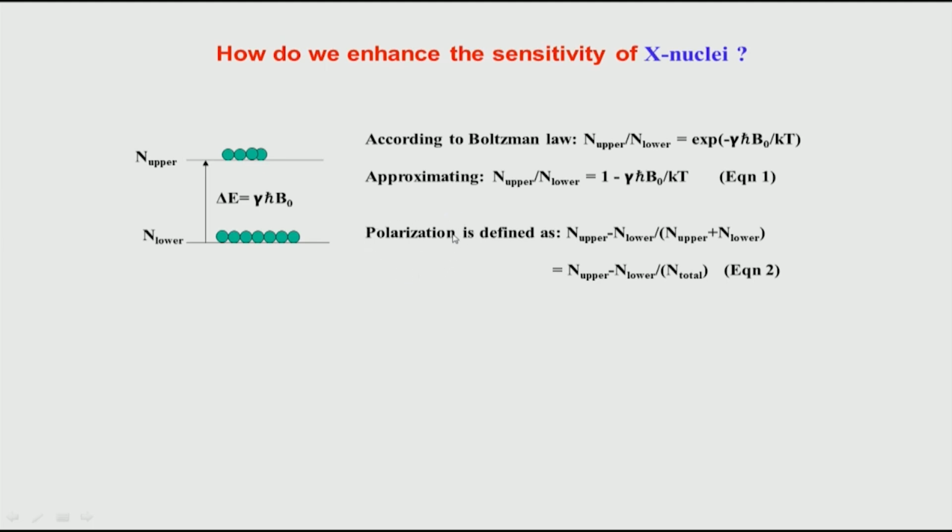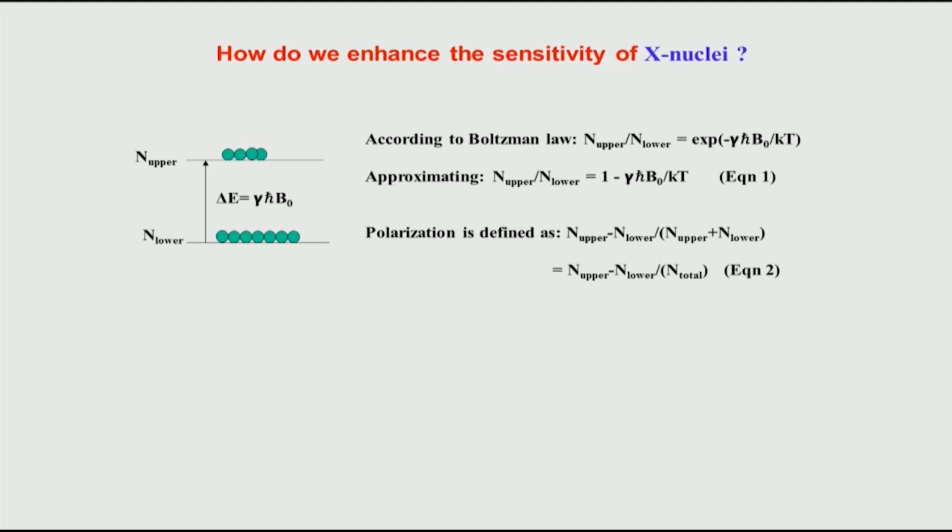Polarization is given by this expression: n upper minus n lower divided by the total number of nuclei. If you add the top and the bottom, that is the total number, which basically means the total number of atoms in your sample.